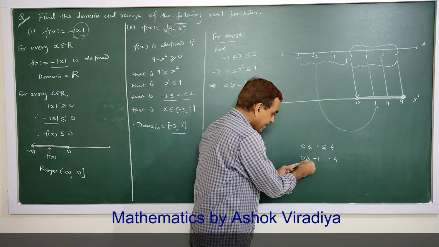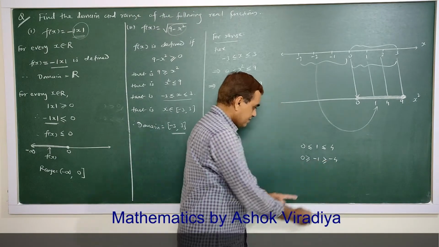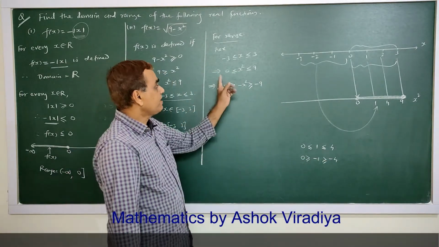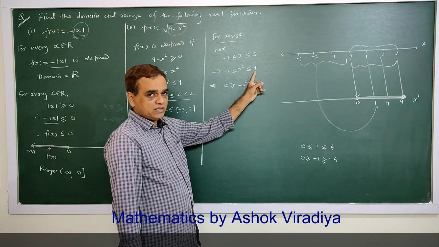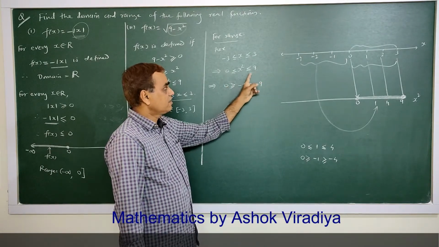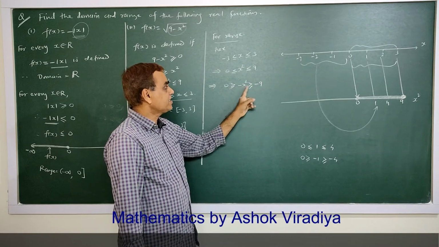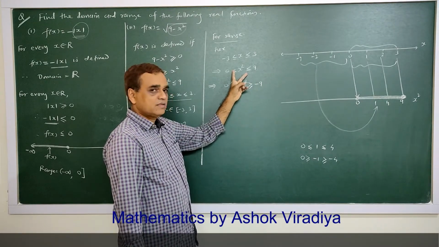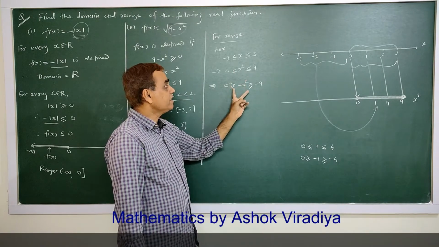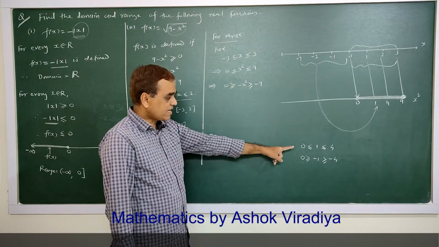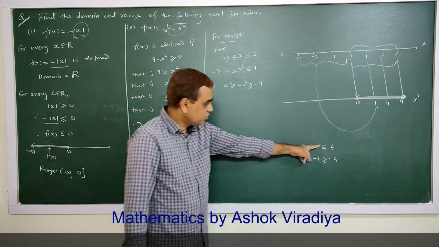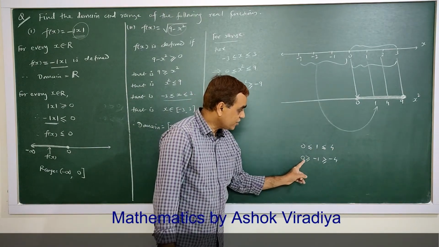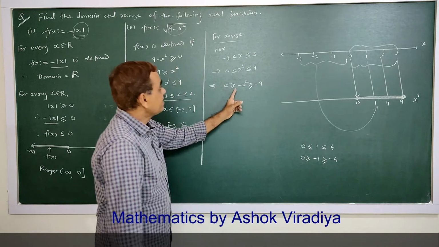Now this is greater, this is greater. So whenever any inequality is given and you assign minus sign, then the sign of inequality will be reversed. Here this is the example. This is true. Now multiply by minus 1. So the relation is reversed.